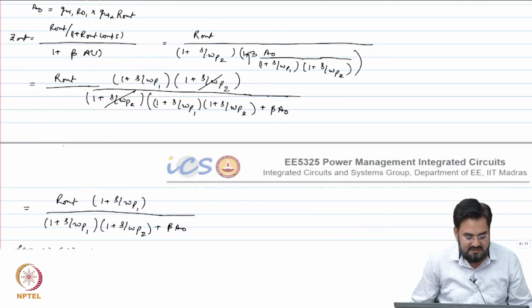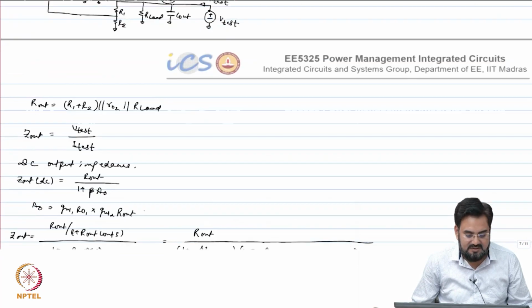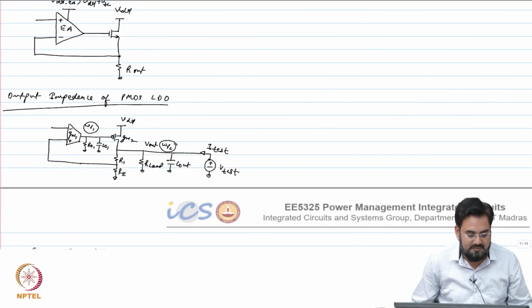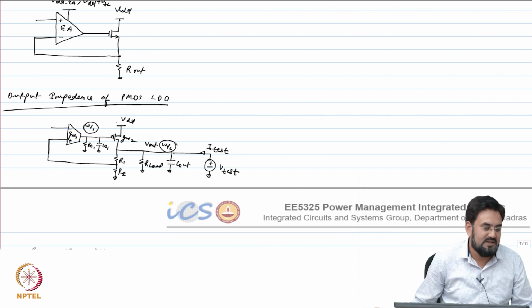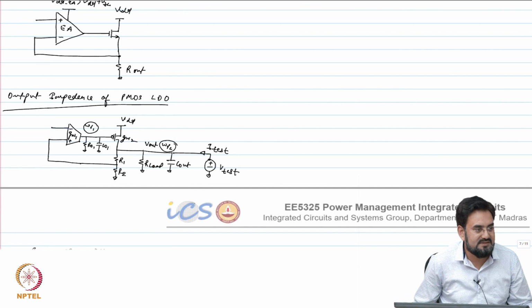So, we will do the same thing, we will derive the same transfer function, but for PSRR we will make the input at VDD, and we will do the same small signal analysis and see what transfer function we get. So PSRR is basically line regulation for AC.